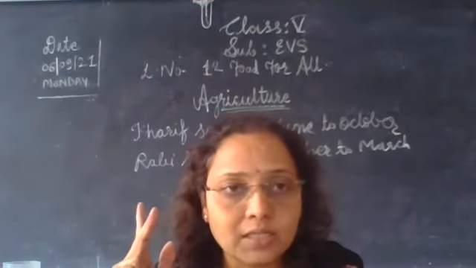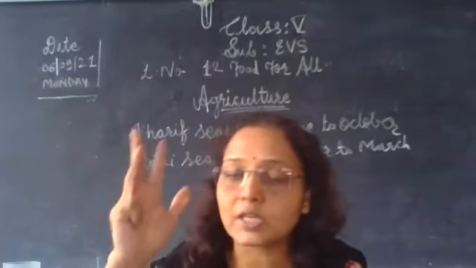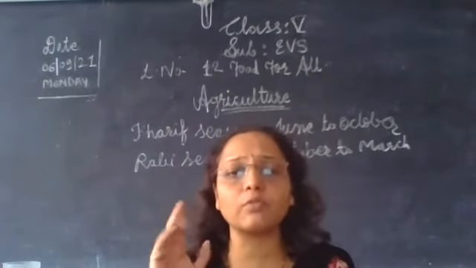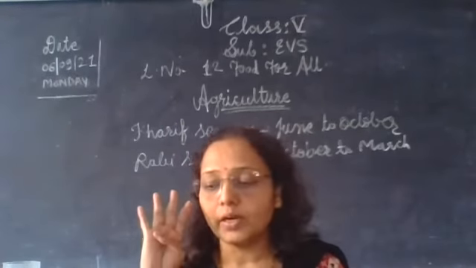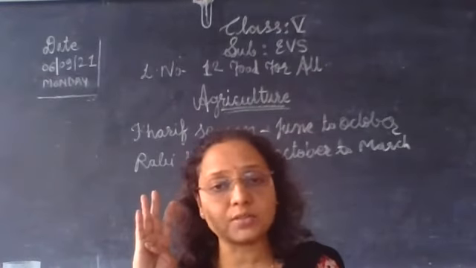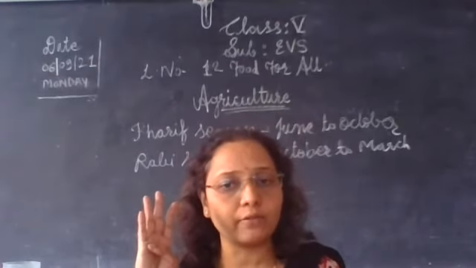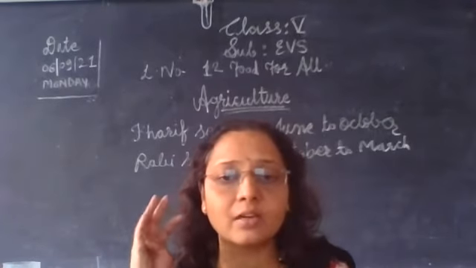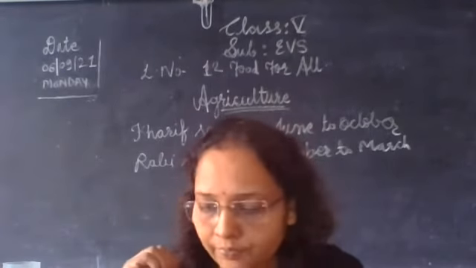Plants grow from those seeds. The fourth stage of agriculture is irrigation. Irrigation supplies a sufficient amount of water to the plants for growth. You know, water is required for plants. In various ways the field is irrigated.